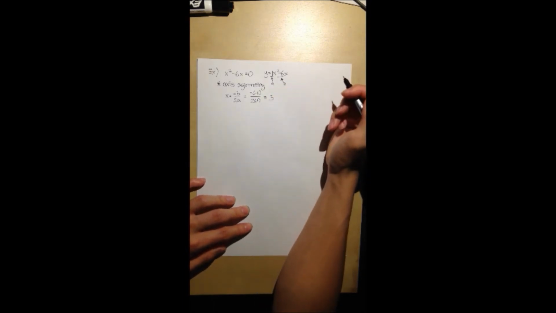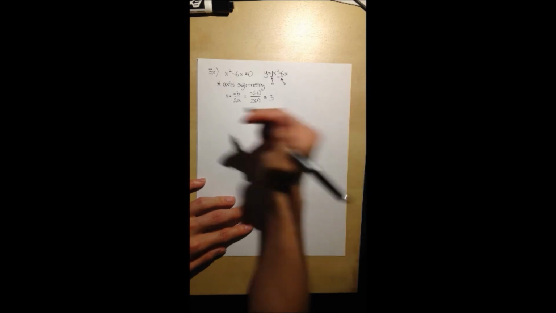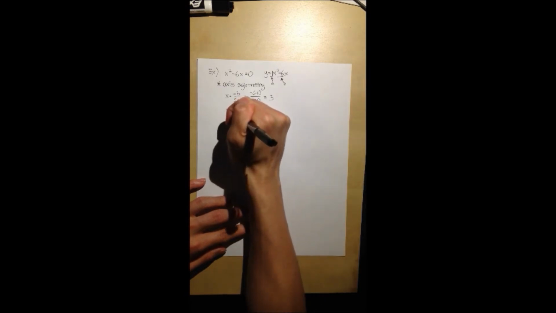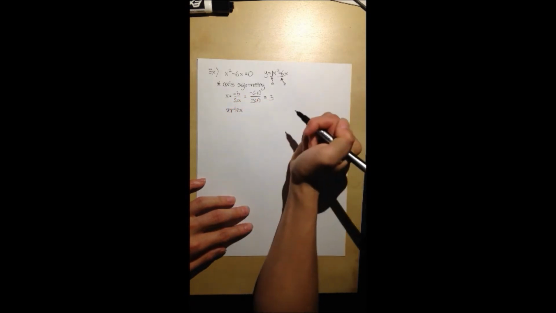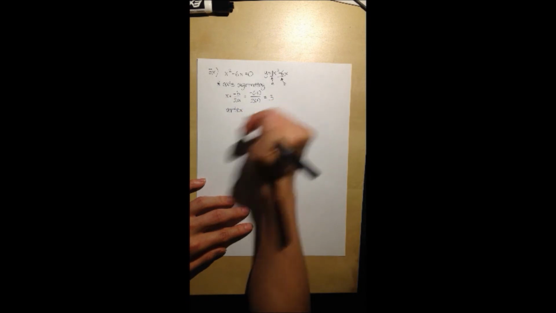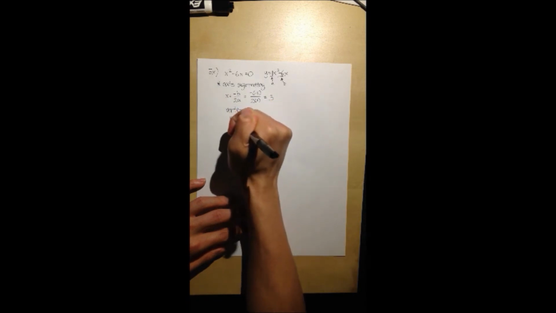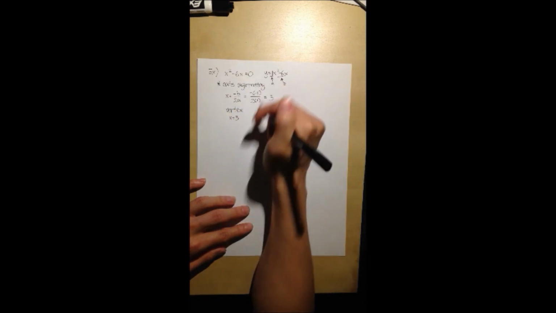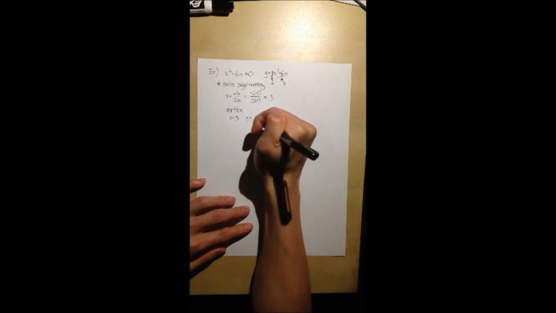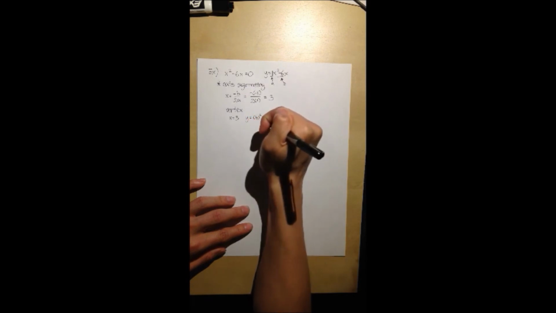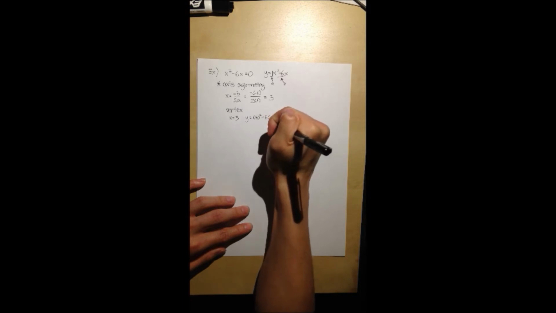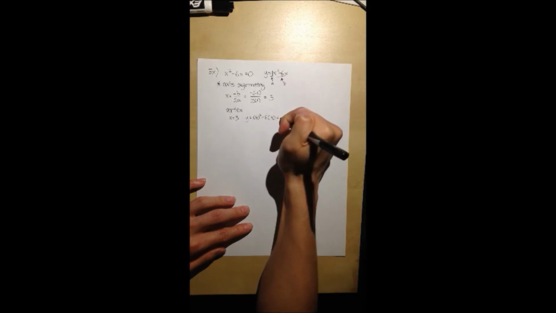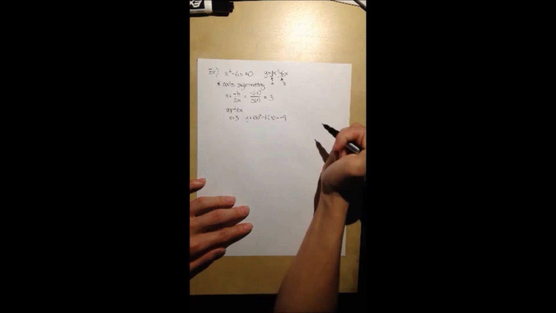Once we have that taken care of, we are going to find the vertex. For the vertex we take the x value and plug it back in to find y. 3 squared minus 6 times 3 is equal to negative 9.